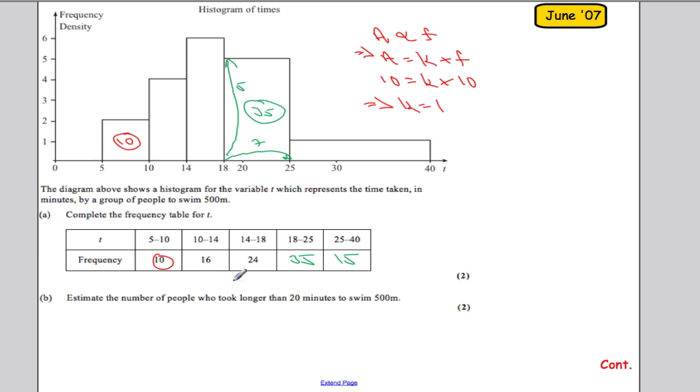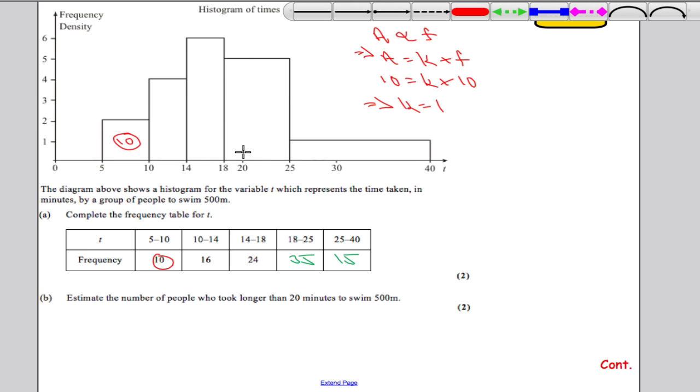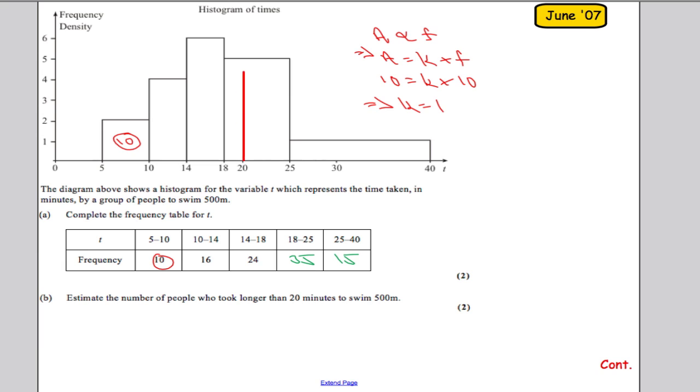Estimate the number of people who took longer than 20 minutes to swim 500 meters. So I'm interested in these two shaded regions here. Let me just shade them in.